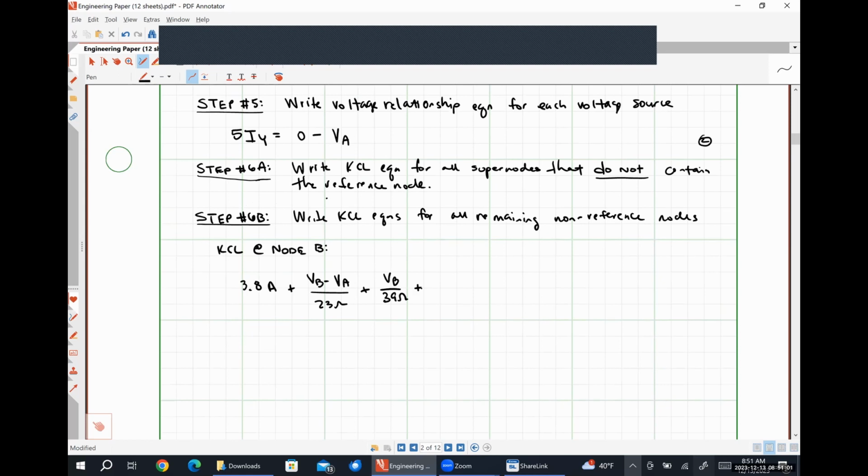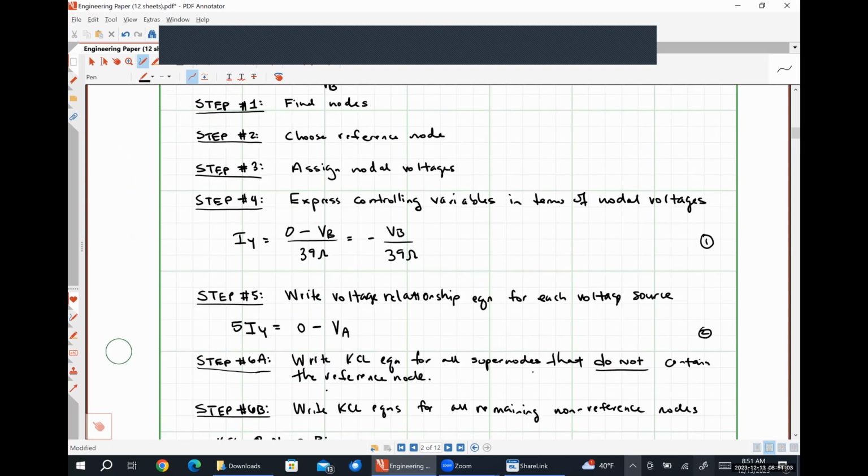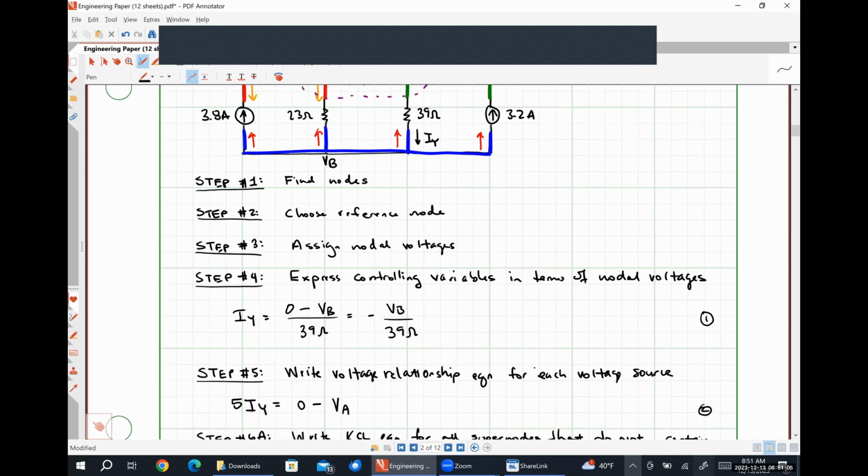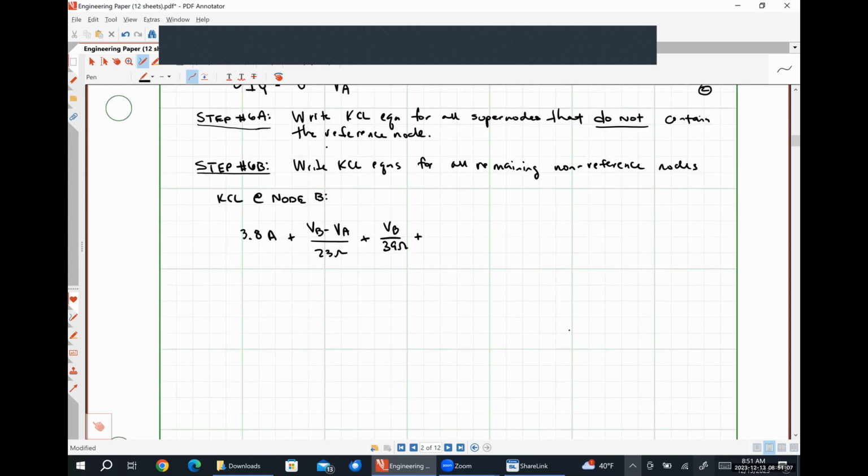And lastly, what's the current flowing up through my current source on the right? 3.2 amps. Set this equal to 0. Here's my third equation for my three unknowns. And now I can solve this system. So let's solve it.